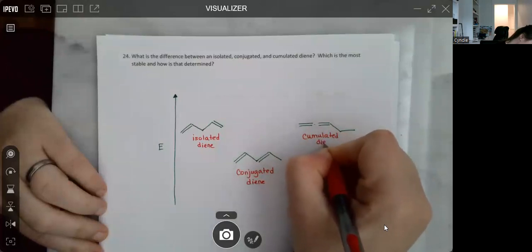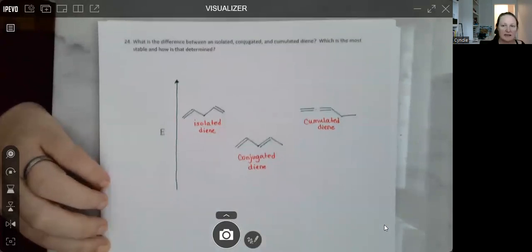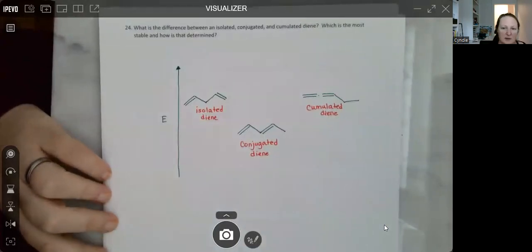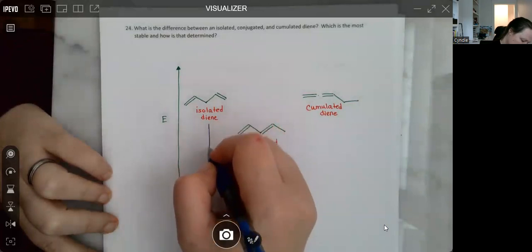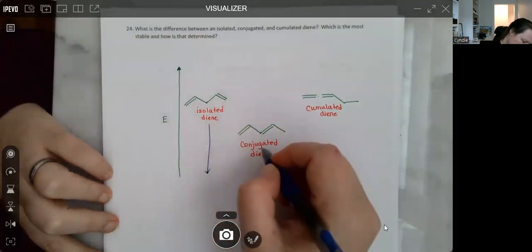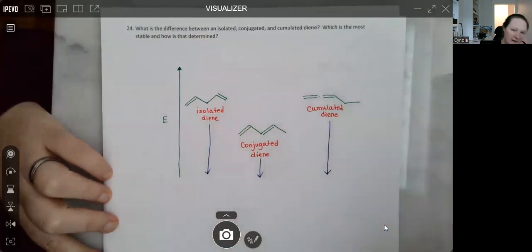accumulated diene, right? And how do we tell which is the most stable? How is that determined? Well, what we can do is hydrogenation, right? So we could hydrogenate, right?